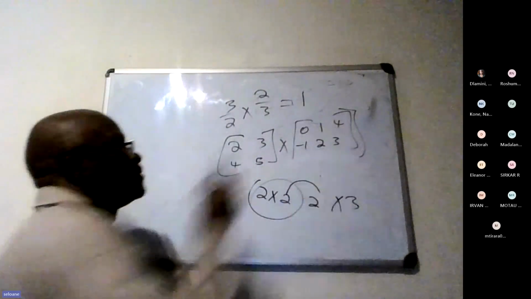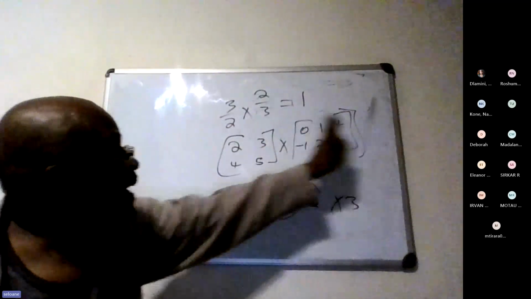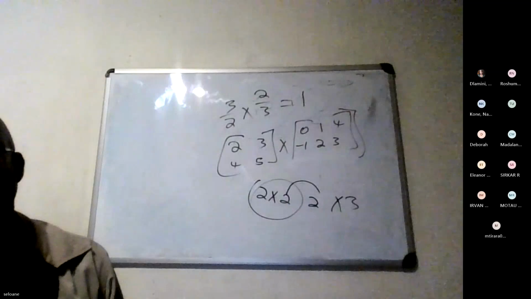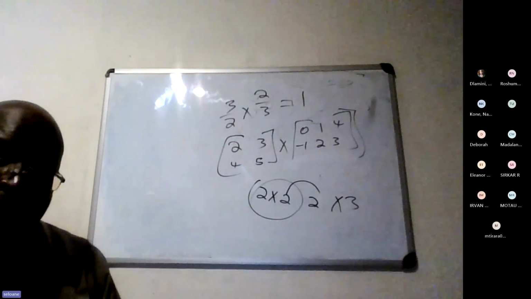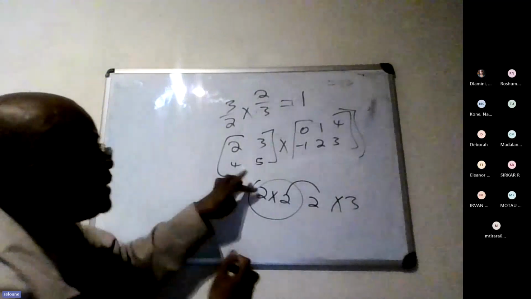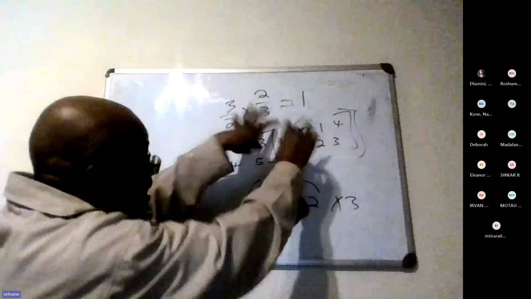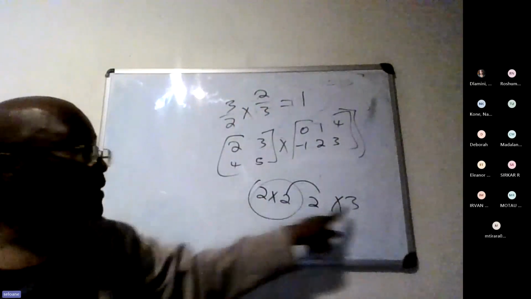Only 2 rows and how many columns? 3 columns. Then the product will exist. And because it exists, therefore it will have a dimension. What will be the dimensions? It will be this and this. The dimensions of the product here, it will have 2 rows and 3 columns.